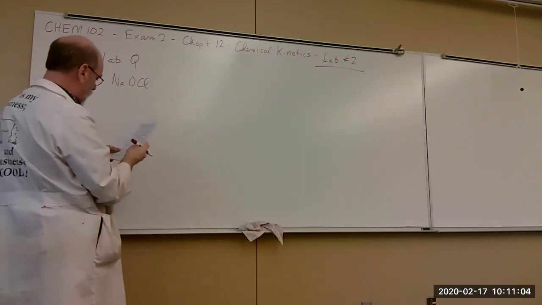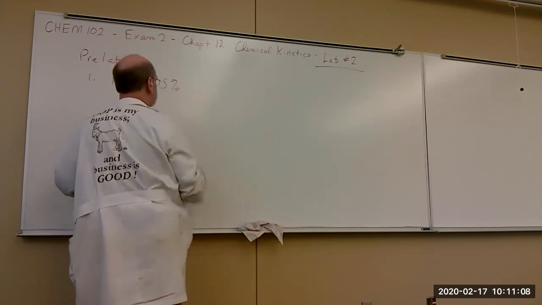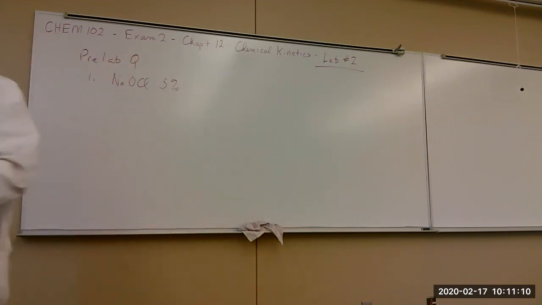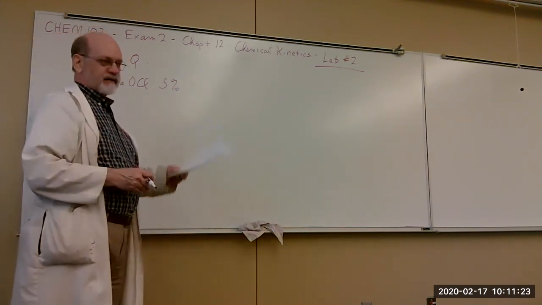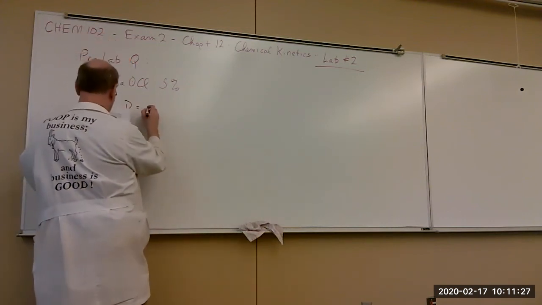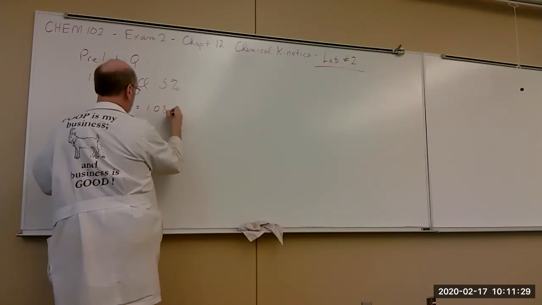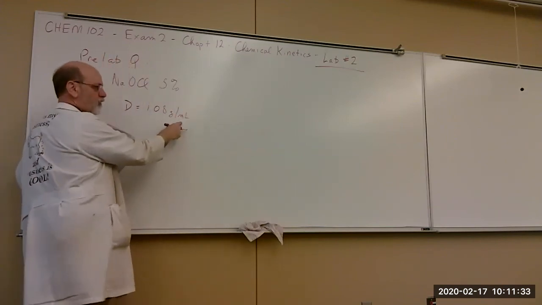So the sodium hypochlorite solution is 5%, which means what? Percent means nothing. It's a dimensionless number, unless you're told what it means or given clues. And the clue here is the density. The density of that solution is 1.08 grams per milliliter, mass per volume.